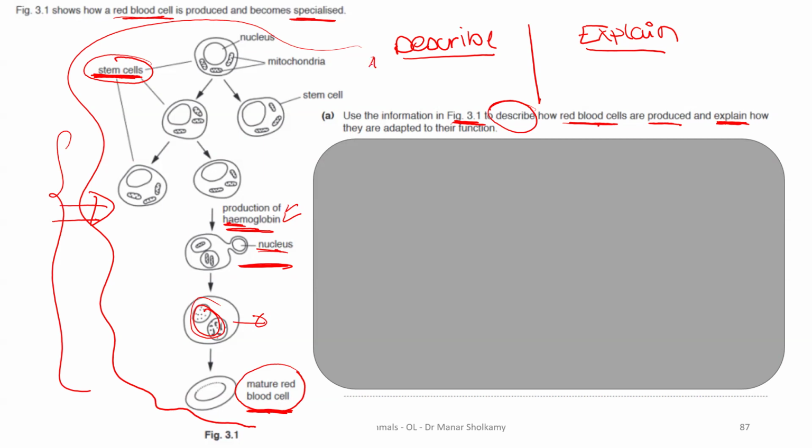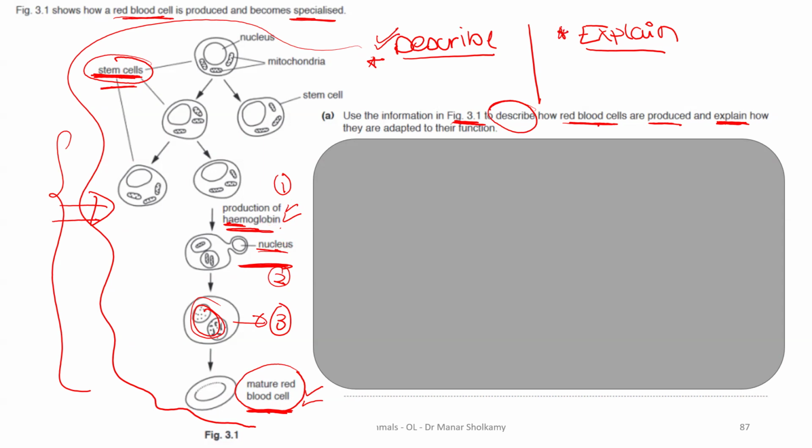In the description, you will say that we started with stem cells that went through specialization. Hemoglobin was produced, this is 1 point. Nucleus was removed, this is another point. All the organelles were removed, this is also another point. To form the mature red blood cell, you are finished with the description.